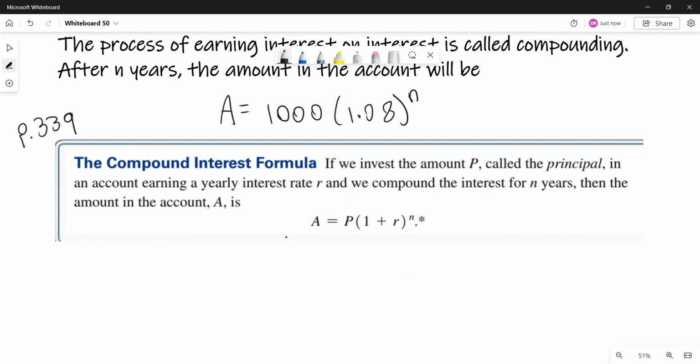If we invest the amount P, the principal, in an account earning a yearly interest rate R, and we compound the interest for n years, then the amount in the account A is going to be P times 1 plus R raised to the n power.